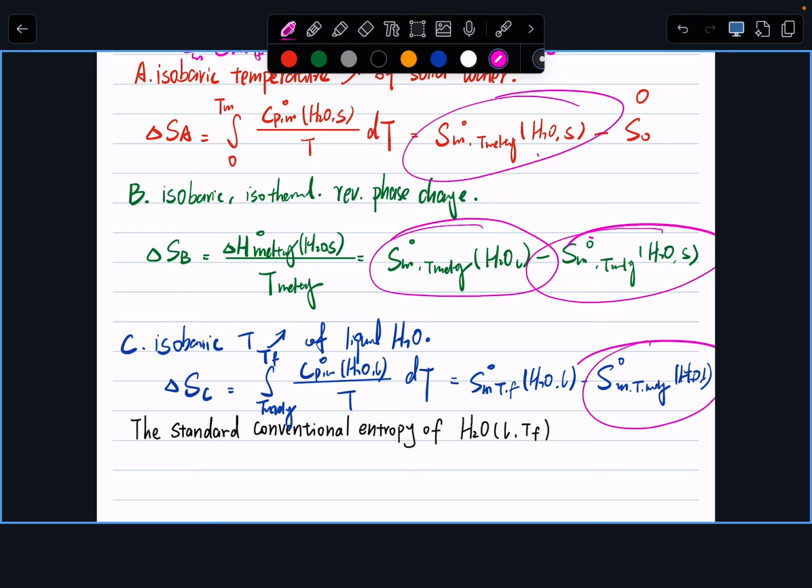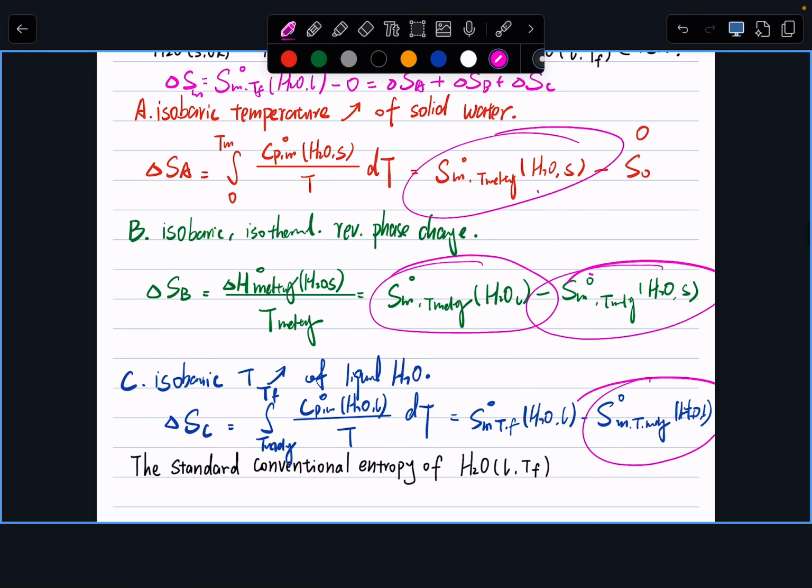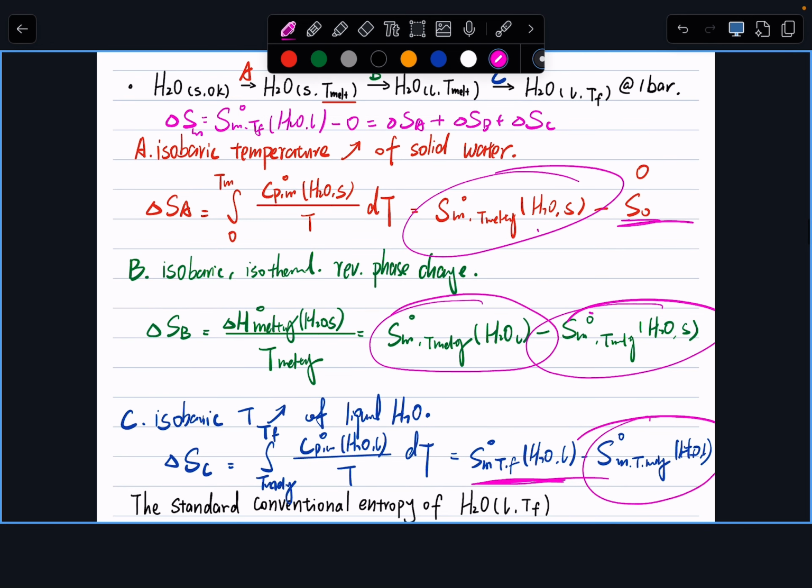So overall, when we add A, B, and C together, we end up getting what we want: the standard conventional molar entropy of your liquid water at the temperature that we desire, minus S0. Or if we write all these equations together, we end up getting the expression. Let me put it on the board.